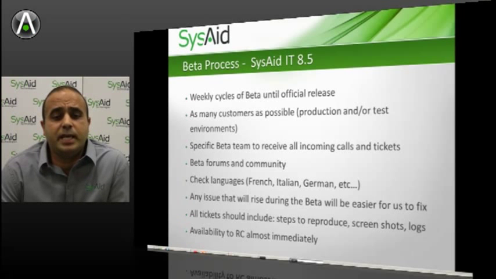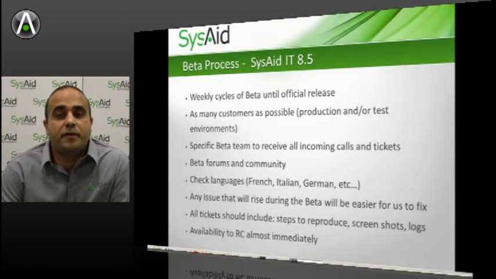Just to let you know that any issue that arises during the beta process will be easier for us to fix. The development team of SysAid is devoted to the beta process, and any bug that we find during the beta, they are here to help and to fix.